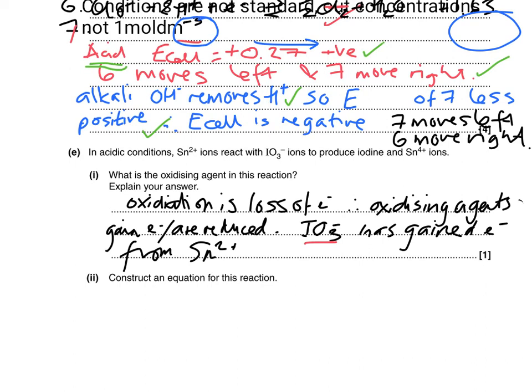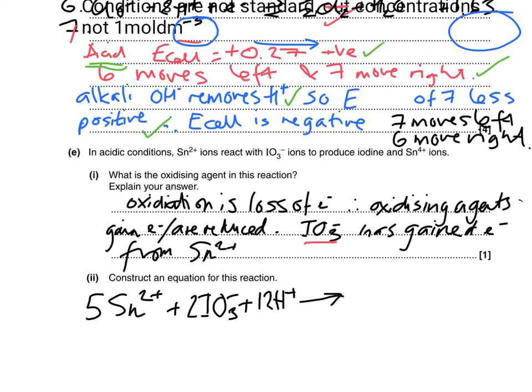Okay, the equation for this, you get 2 marks for getting all of this correct. If you haven't balanced your electrons properly, you can only get 1 mark.